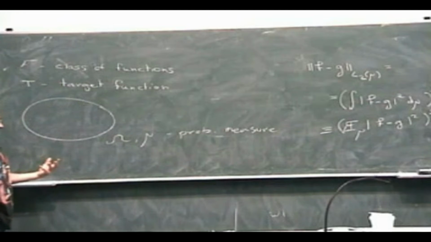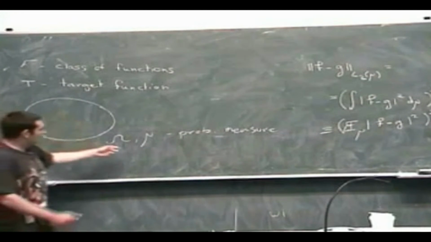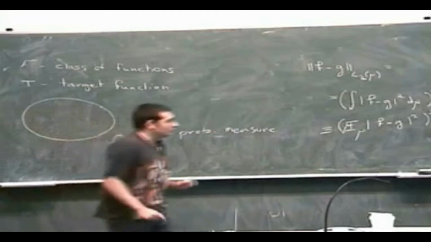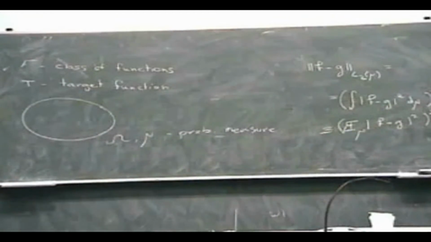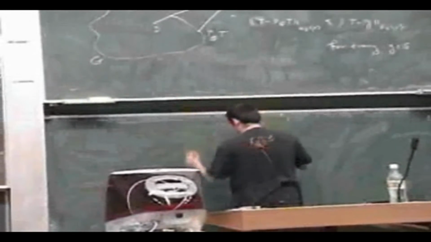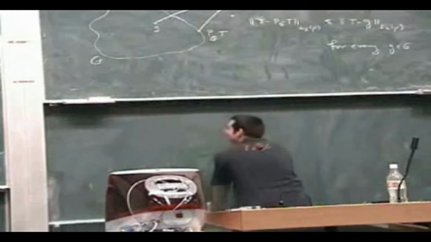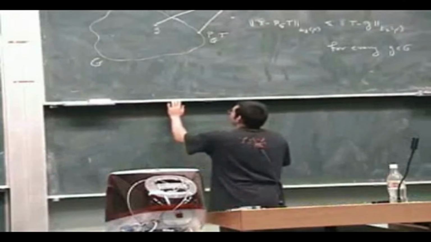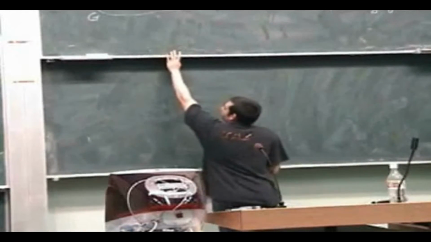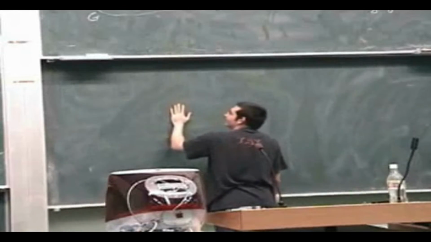Of course, it depends on the target in the class. And it will also depend on the way I chose to measure things. But it will have to reflect the way I measure distances. Because I want it in some ways to be compatible with this distance if I chose this distance, or another distance if I chose some other way of measuring.